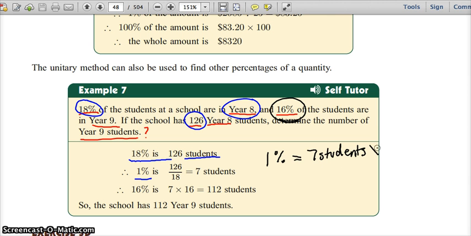So if 7 students are multiplied by the 16%, which is what they did here, it leaves you with 112, and that means there are 112 Year 9 students.